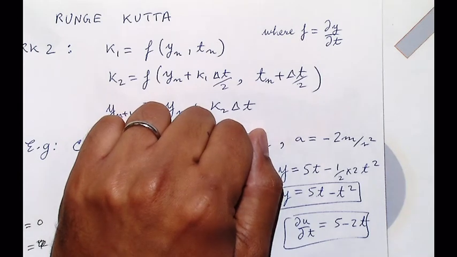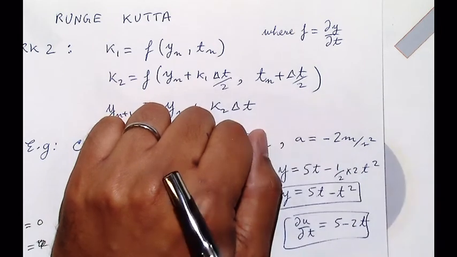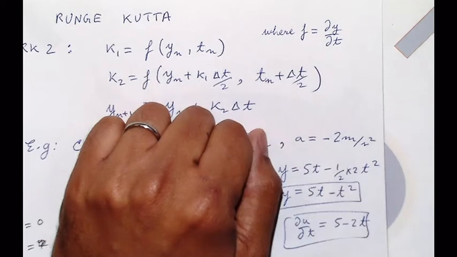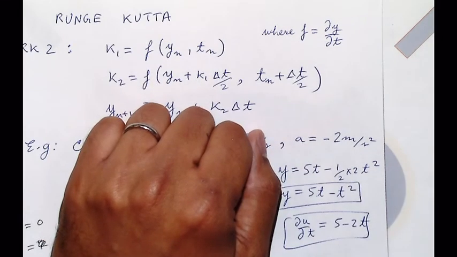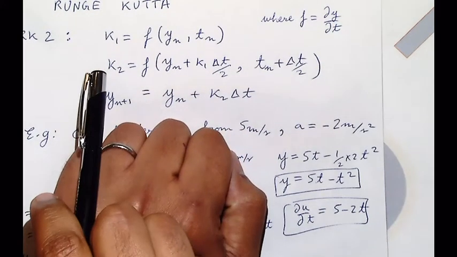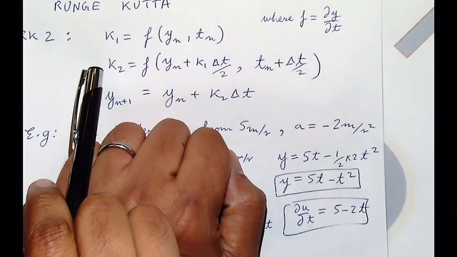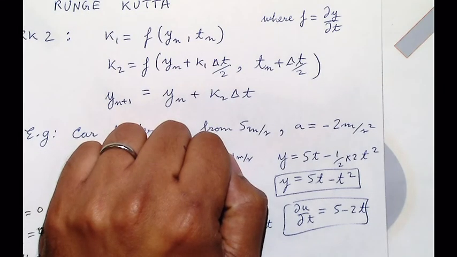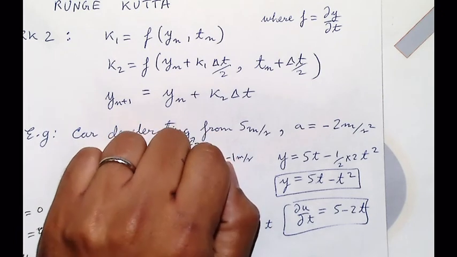That's like taking a half step. Once you take this half step, evaluate what the derivative, the f, at this new position is. And the final thing is, once you know this new approximation for the derivative, take a full step starting from your original position. That's it. That's the concept of Runge-Kutta.